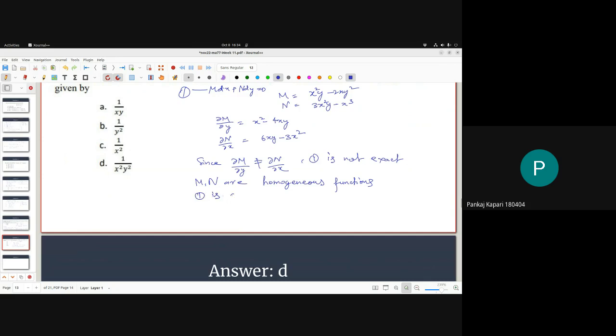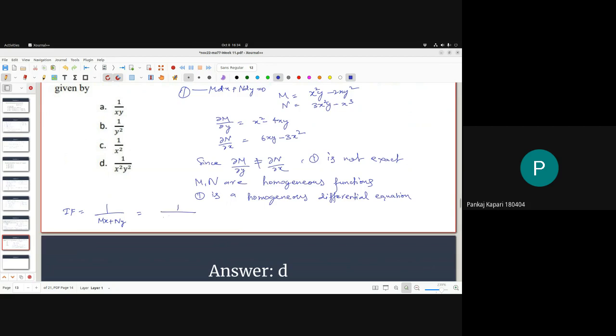So 1 is a homogeneous differential equation. For a homogeneous differential equation, the integrating factor is given by 1 over Mx plus Ny.